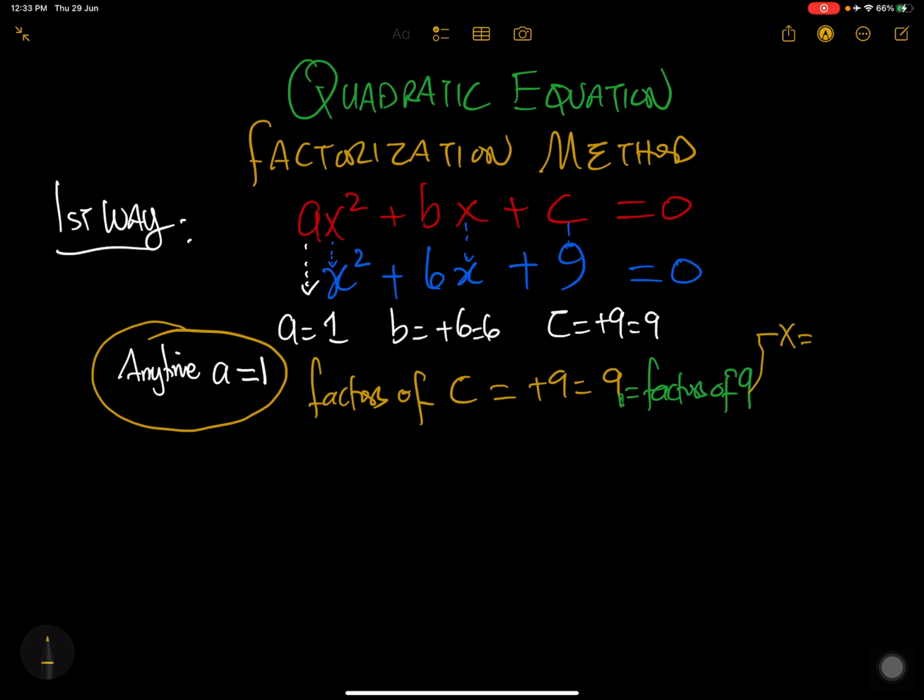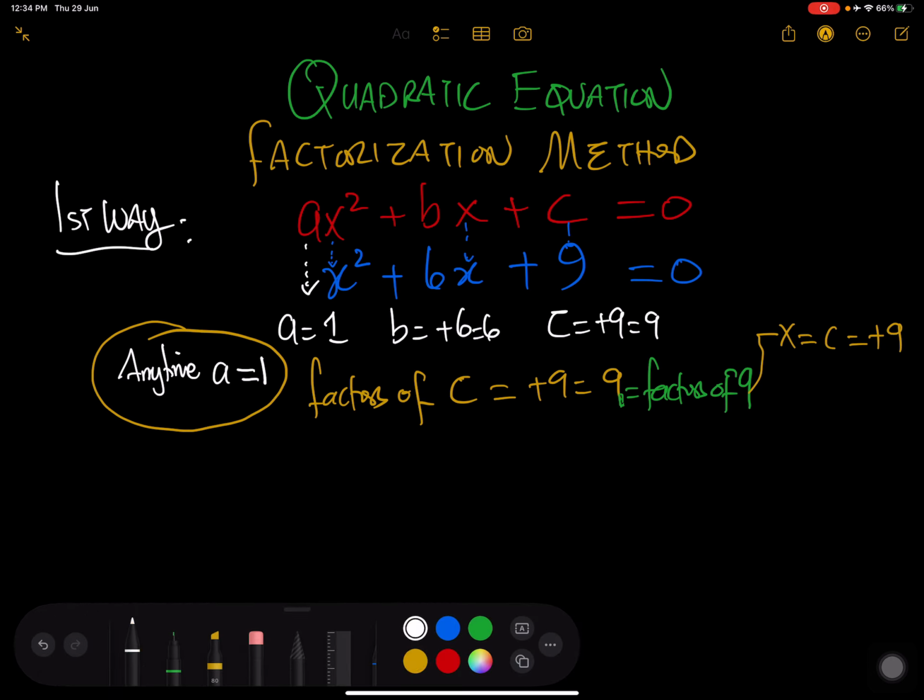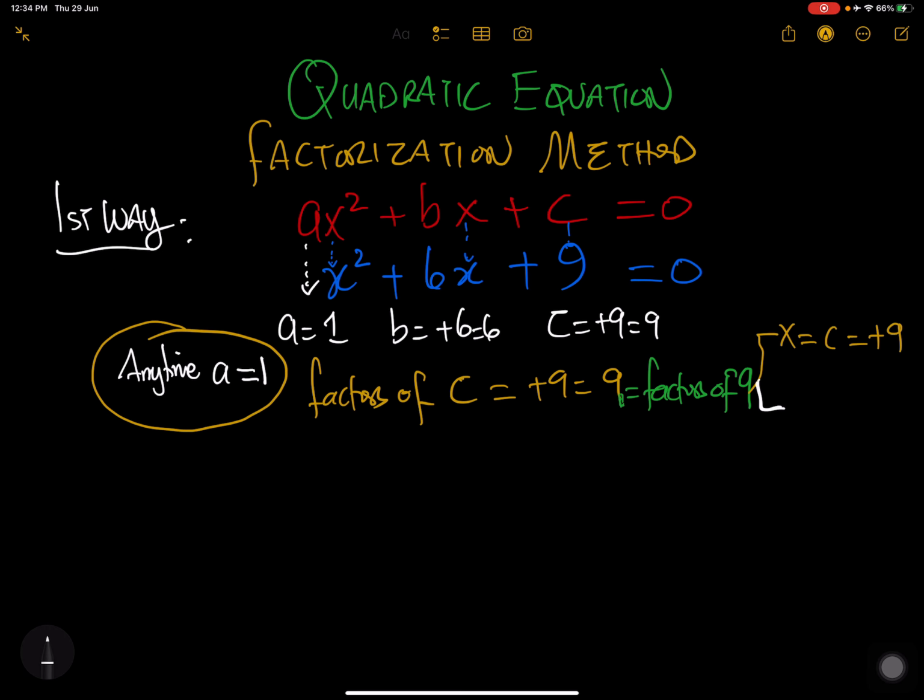When you multiply the factors of 9, they should give you the c, which is plus 9. But when you add those factors, you should get the b, which is plus 6.